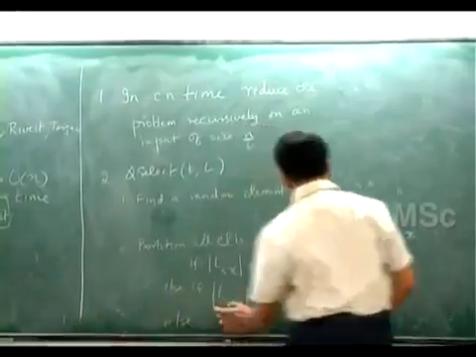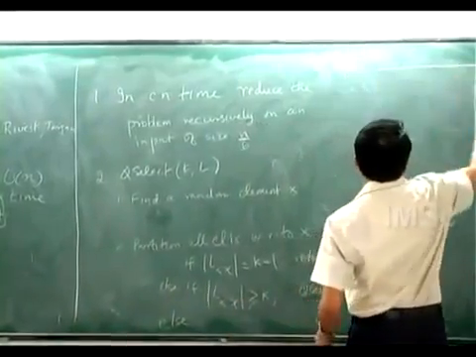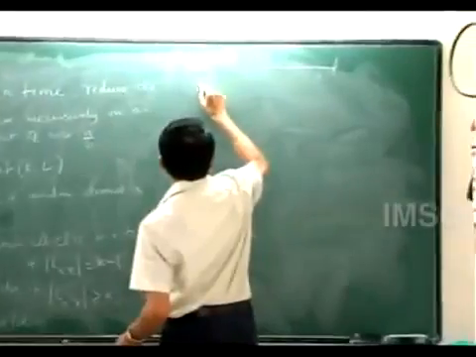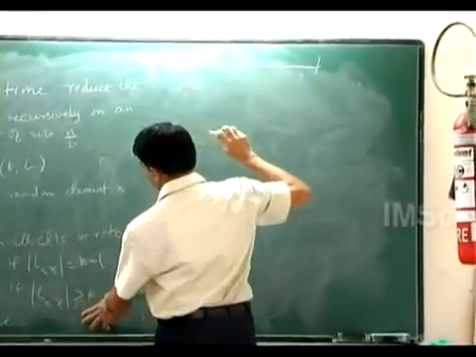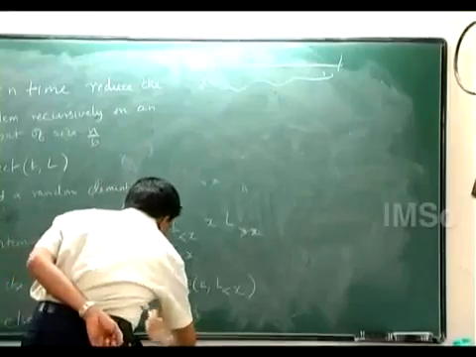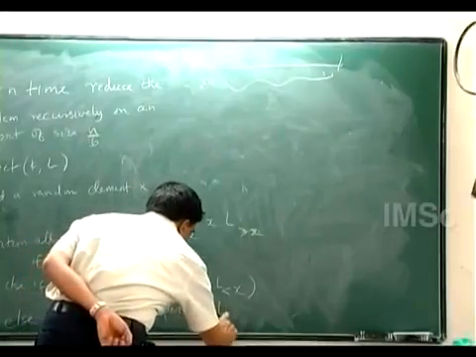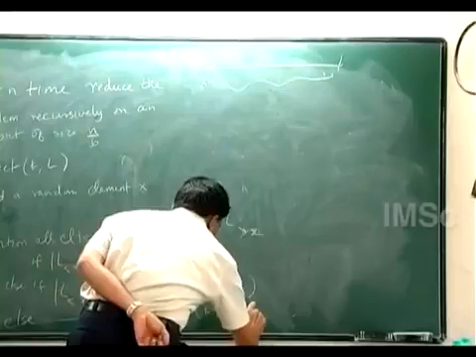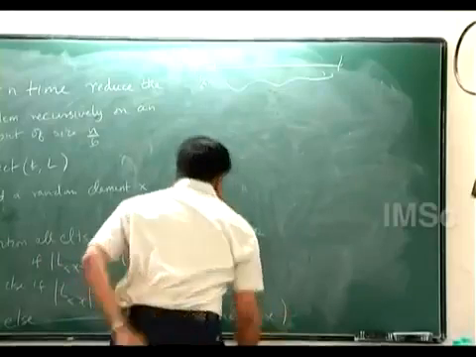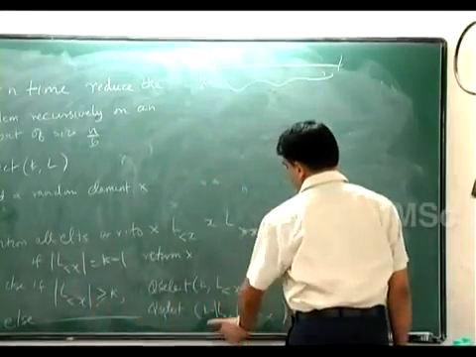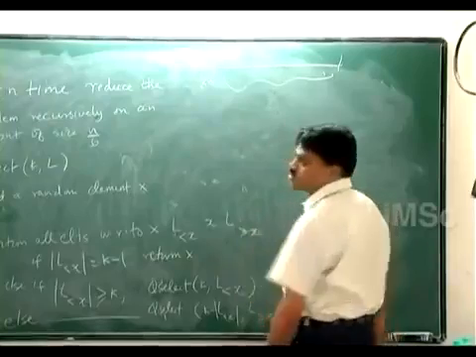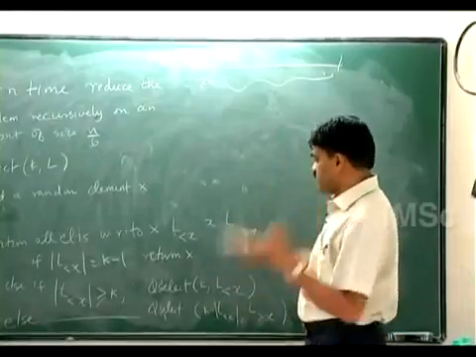Otherwise, this L is very small, so in the right list, go and find an element of the appropriate rank in that right position. So it's a recursive algorithm.